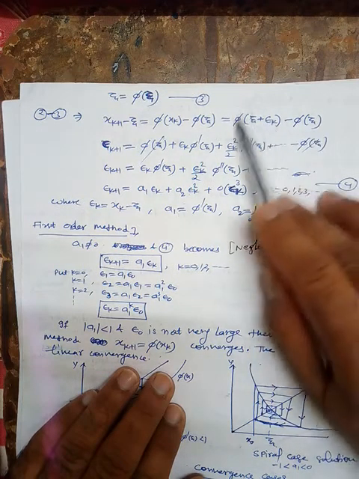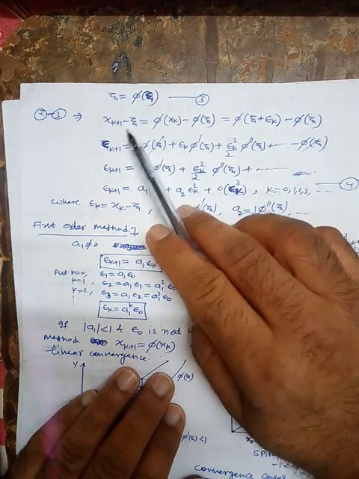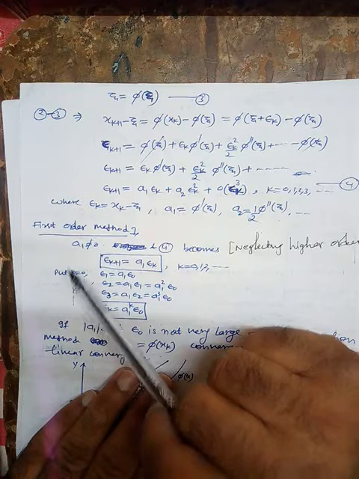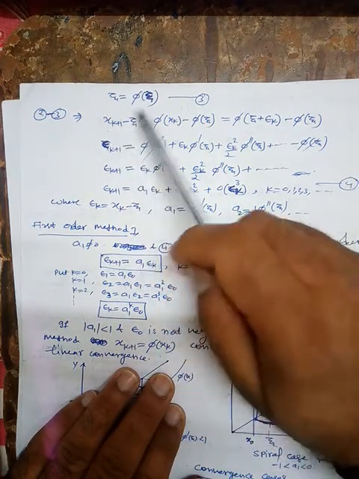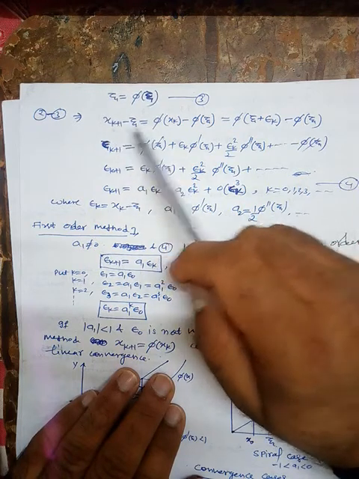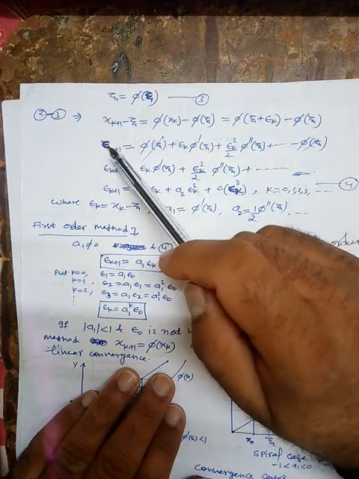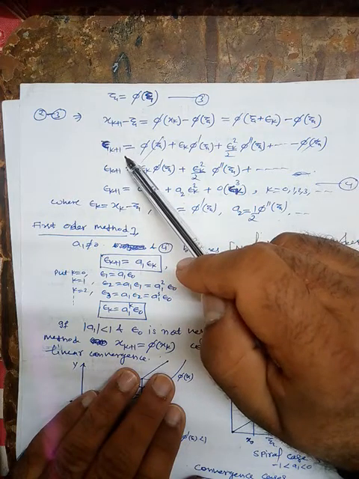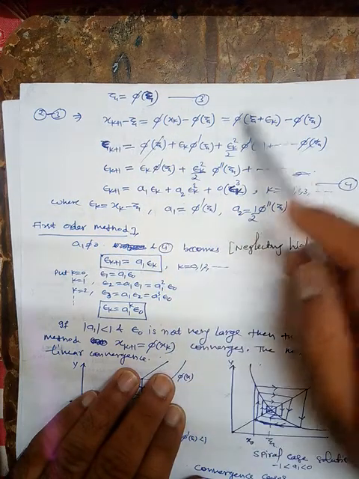Now expand this using Taylor series. So in the left hand side what we have? We have epsilon k plus 1, because this is nothing but the k plus 1th iterate minus the exact root. This difference is nothing but the error in the k plus 1th iterate, which is denoted by epsilon k plus 1. So this is the error. Now expand this.